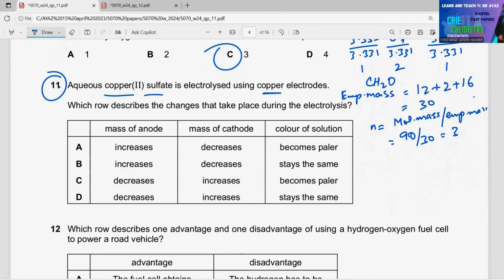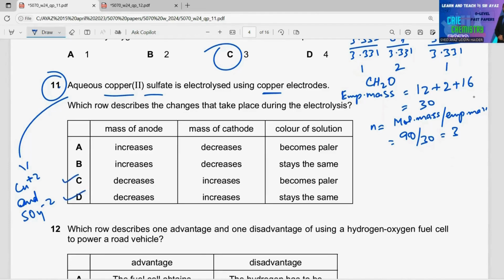So mass of anode must decrease because during the electrolysis of copper 2 sulfate, we have ions produced, Cu2+ and SO4 2-. Cu2+ moves to cathode and it results in an increase in mass of cathode. So copper will deposit at cathode. So either C is correct or D is correct.